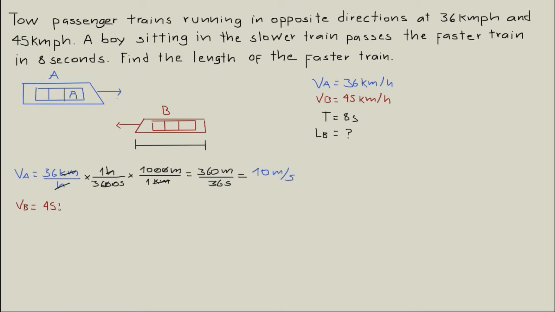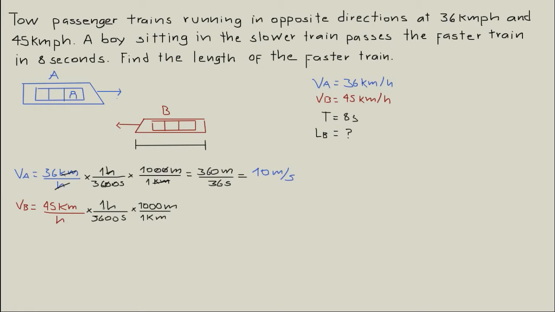45 kilometers per hour, and we are going to multiply by our first conversion factor, 1 hour, equivalent to 3,600 seconds. Now we can multiply by our second conversion factor, 1 kilometer, equivalent to 1,000 meters.